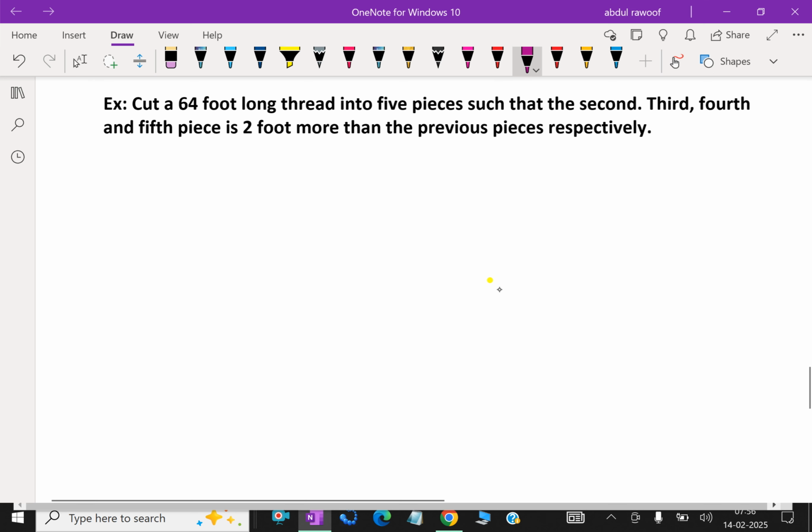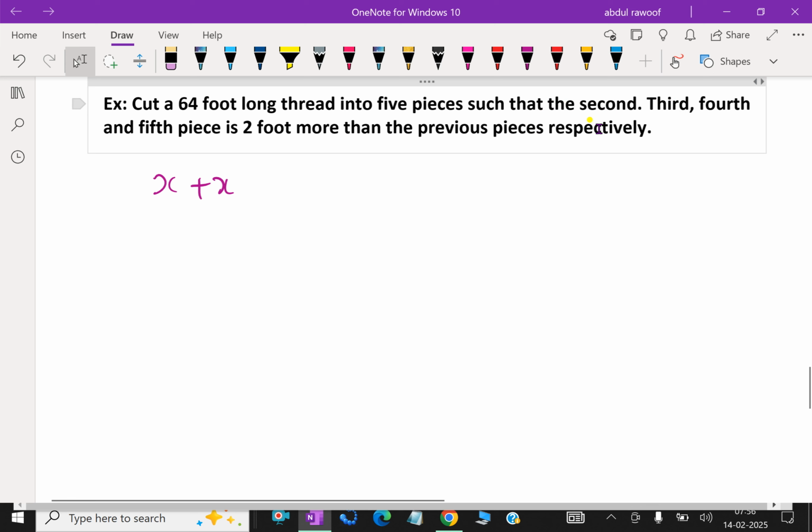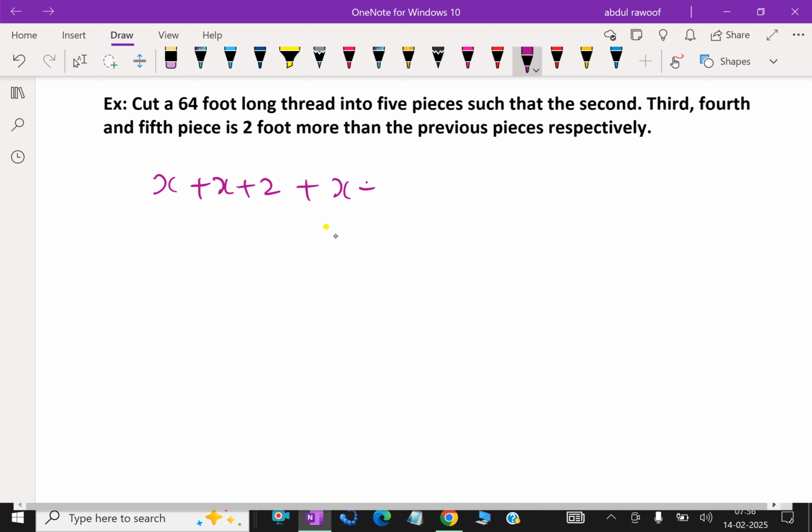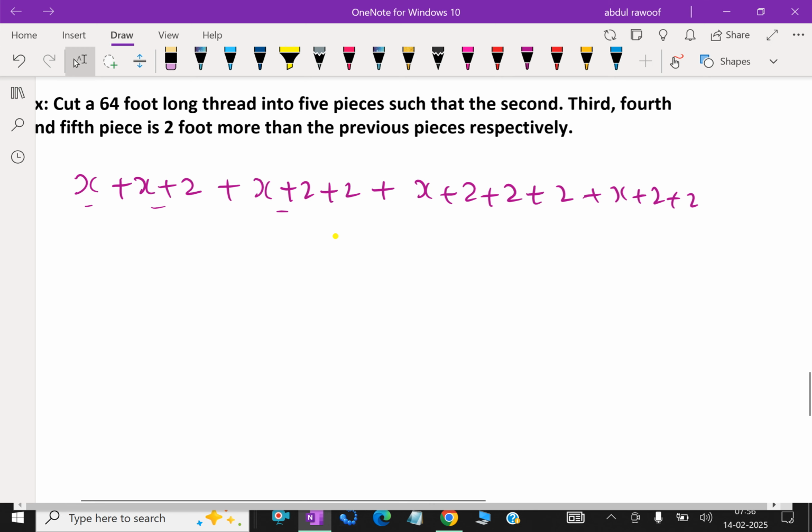Let the first piece be x. The second piece is x plus 2, since each piece is 2 feet more than the previous one. The third piece is another 2 more, the fourth piece is another 2 more, and the fifth piece is x plus 2 plus 2 plus 2 plus 2.